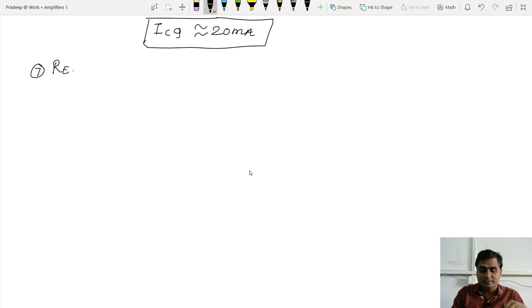For any value of resistor, what do we need? We need the voltage across the resistor and the current flowing through that resistor. Now the value of RE will be VRE divided by IE, the voltage across RE and the current flowing through RE. This IE is approximately IC, which in my case is ICQ.